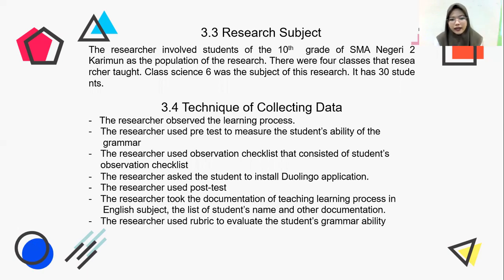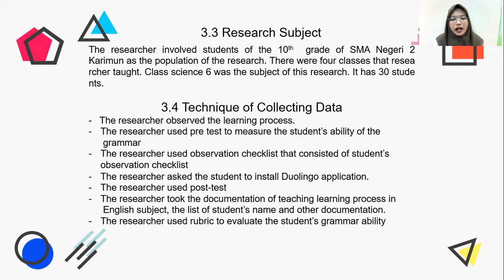Technique of collecting data. The researcher observed the learning process. And next, the researcher used pre-tests to measure the students' ability in grammar. The researcher used observation checklists that consisted of students' observation checklists.